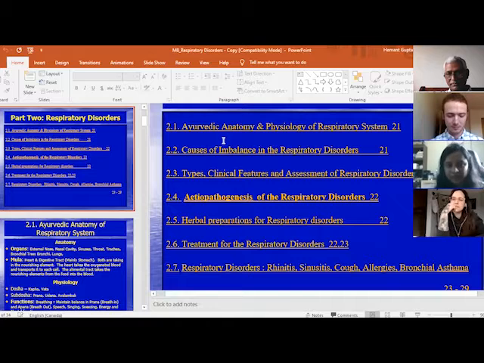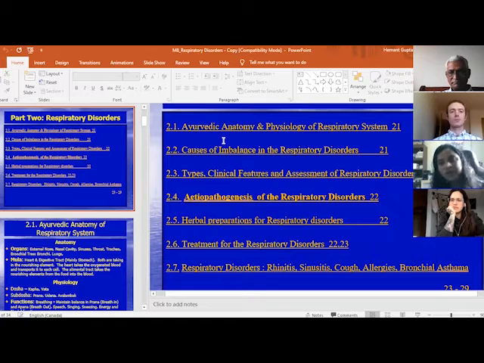Description of anatomy and physiology of the respiratory system. The respiratory system is vital to life, and its main function, as you all know, is intake of air from the external environment, exchange of gases between oxygen and carbon dioxide at the lung tissue level and the blood tissue level, and removal of the waste gas, carbon dioxide, from the tissues.